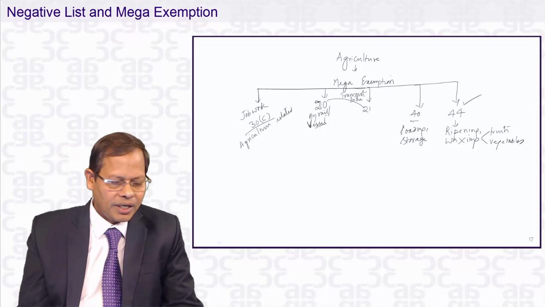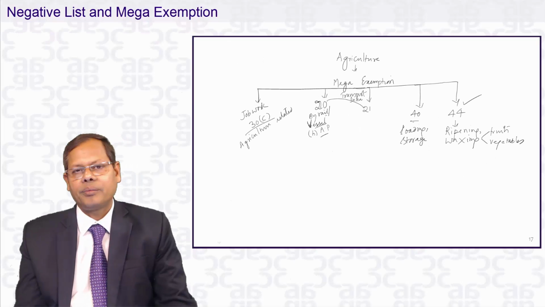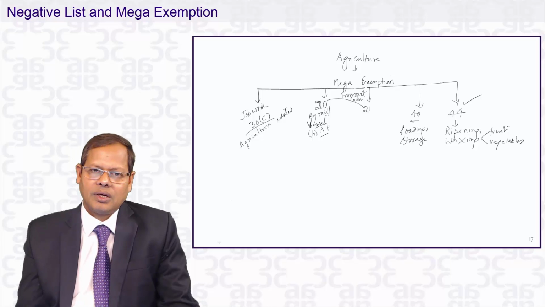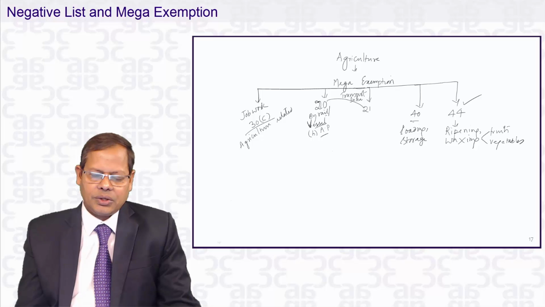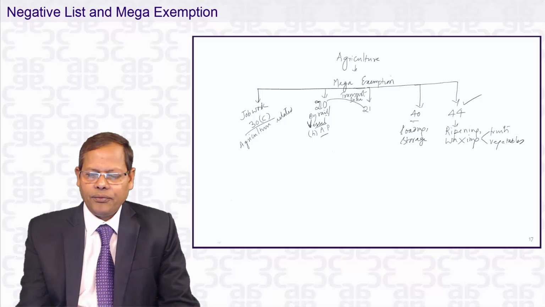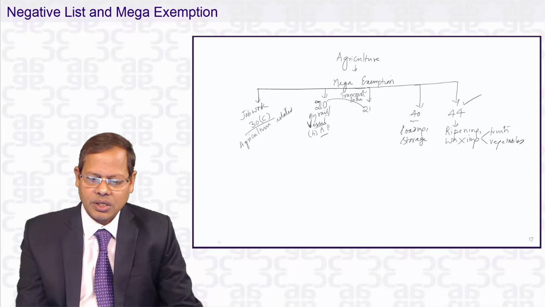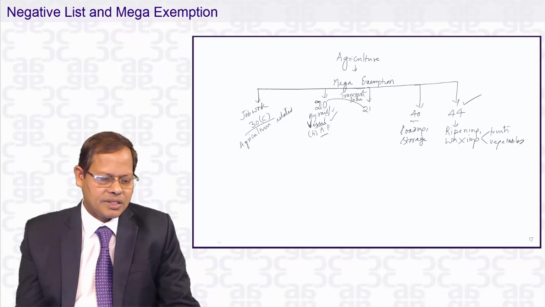Then important is part H, that is relating to agricultural produce. AP, I call it AP, agricultural produce. You know the definition. What is agricultural produce? Given under section 65B, clause 5. So, if you transport agricultural produce meant for primary market by rail or vessel, no service tax.